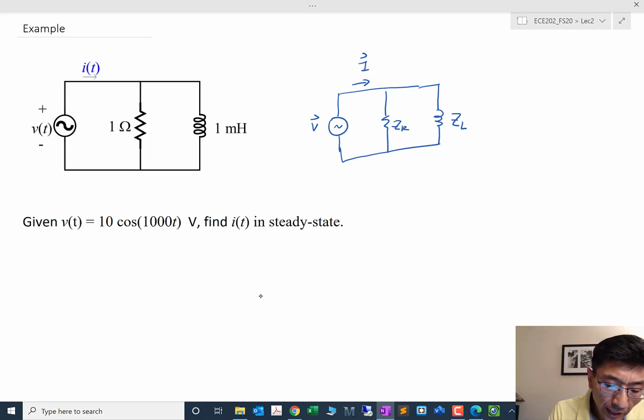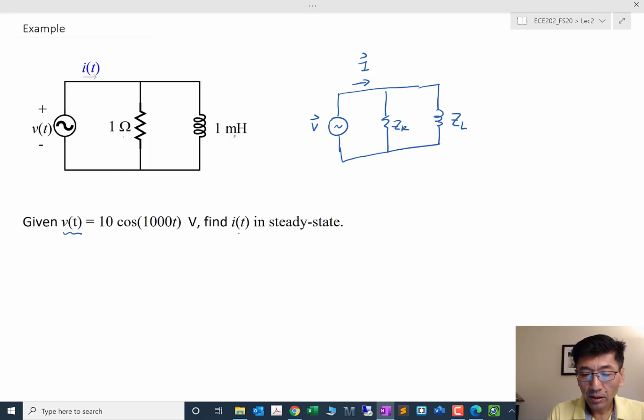Let's say I have the voltage given as 10 volts and find the current in steady state. I have a 1 ohm resistor and 1 millihenry inductance. Normally in 201, you would write the first order differential equation, solve it, and find the steady state solution, right?